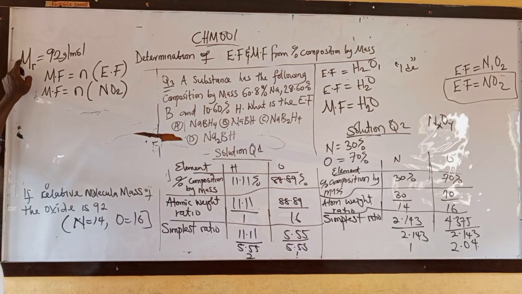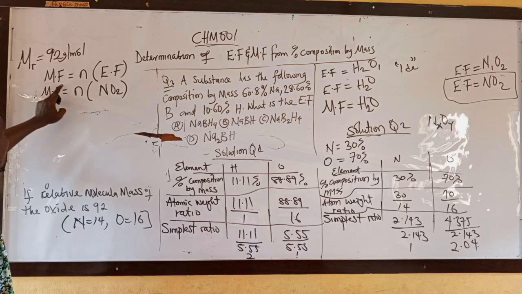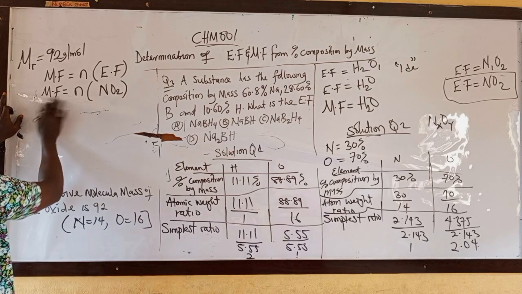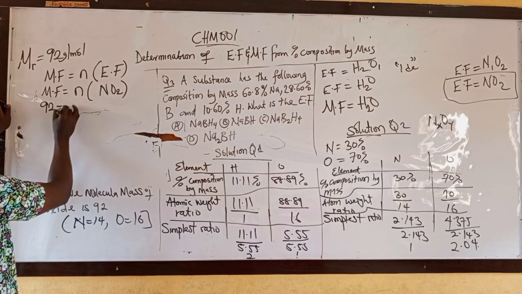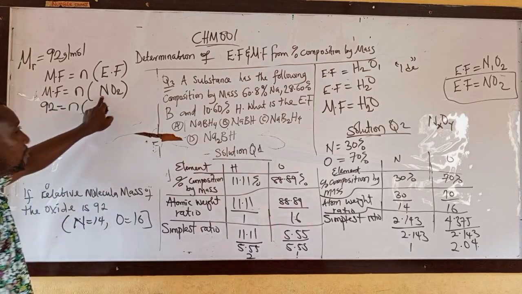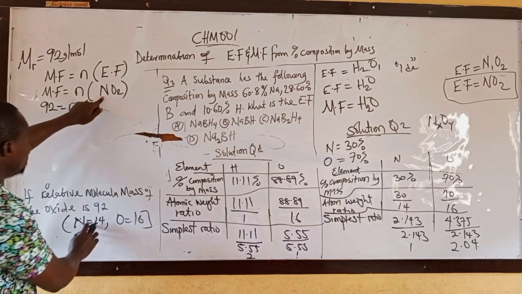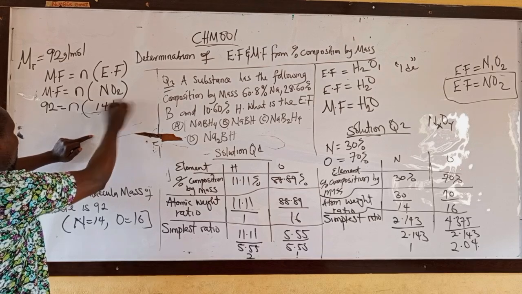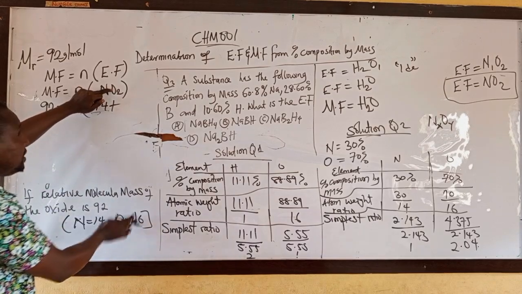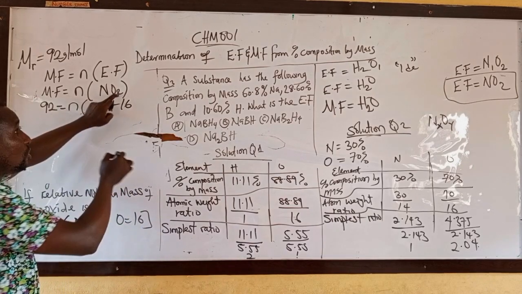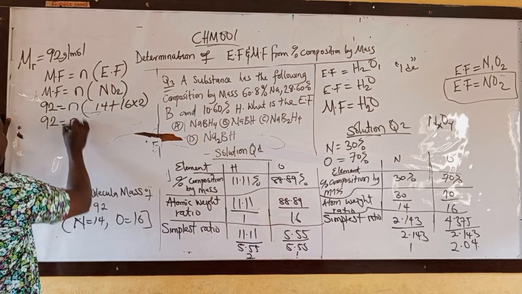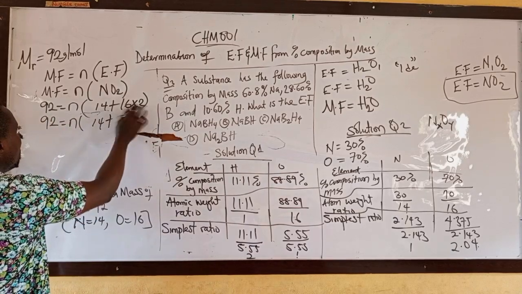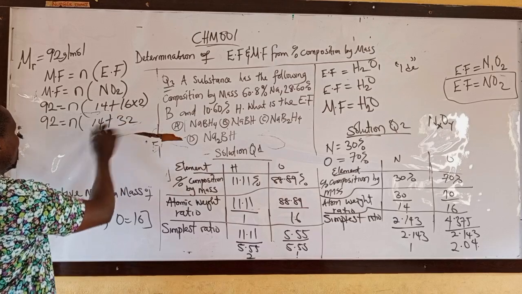Relative molecular mass is given as 92, so I change the molecular formula to 92. I have 92 equal to N into the mass number of nitrogen, which is 14, plus the mass number of oxygen, 16. How many oxygen? 2 times 16, so here I have 92 equal to N into 14 plus 32.